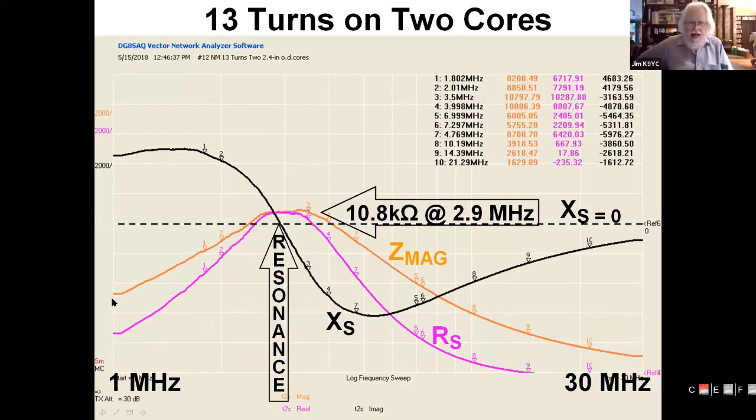And here are the plots. This is XS, the reactance going through 0 at resonance, and the broad resonant peak, and the magnitude of the impedance, which is the sum of those 2.